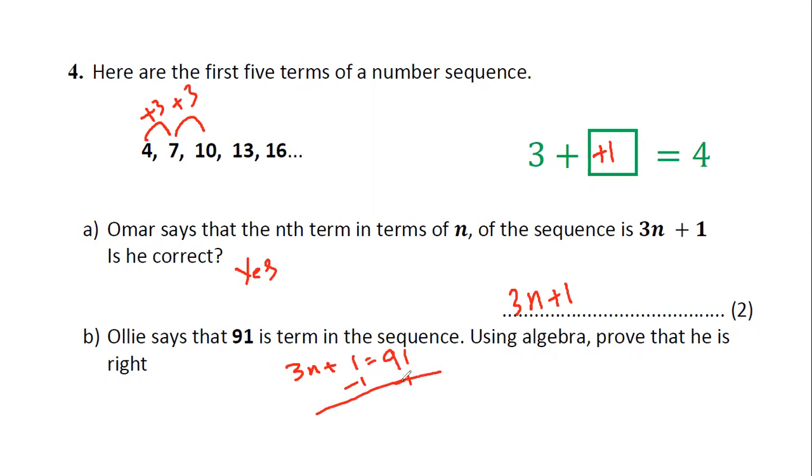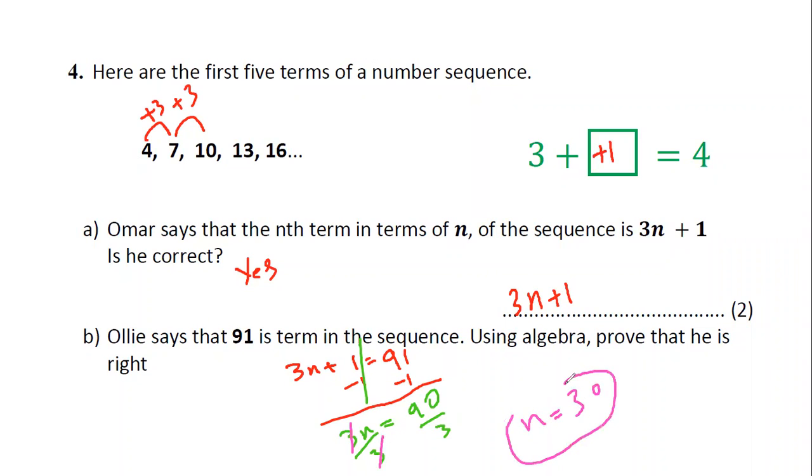That will give me 3n equals 90. Then I can divide both sides by 3, and that will give me n equals 30. So yes, 91 is a term in the sequence, and that is basically the 30th term.